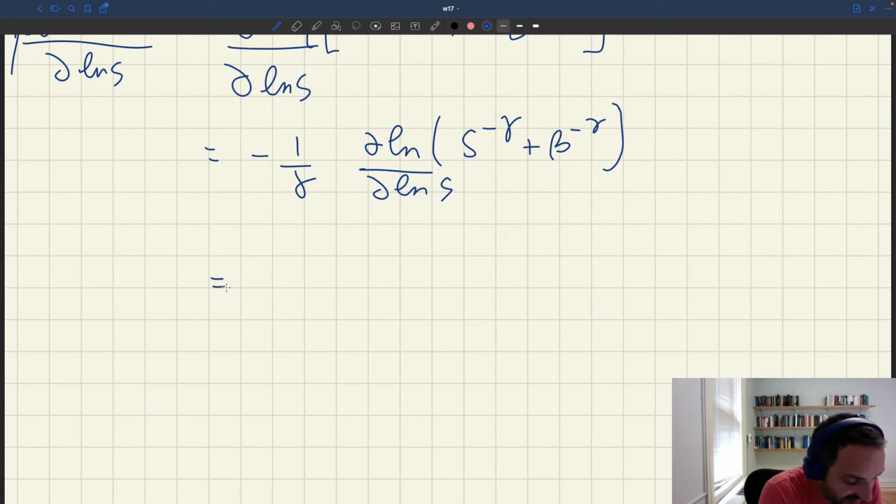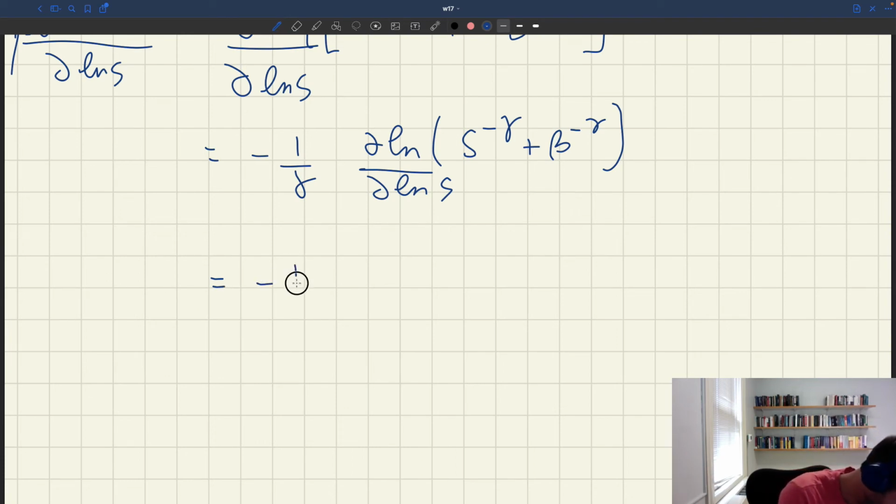But now we know that the elasticity of the sum of two functions is just the weighted average of the elasticities of each function, where the weight is just the relative size of that function in the sum. So here, b to the minus gamma, we know that it doesn't respond to s, because here we have a partial derivative.